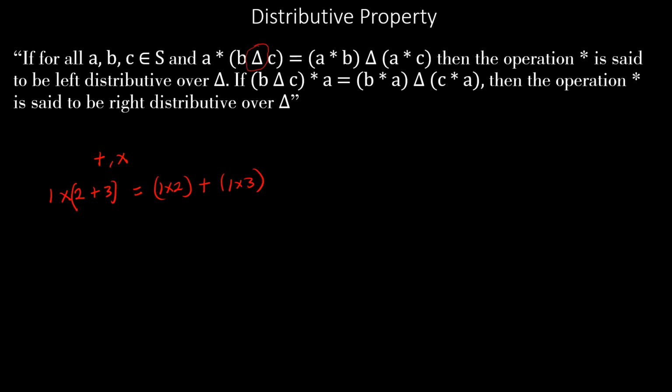Coming back here, if you have 1 times (2 plus 3), it's also the same as 1 times 2 plus 1 times 3. So it satisfies this condition, and then we can say that multiplication is distributive over addition.